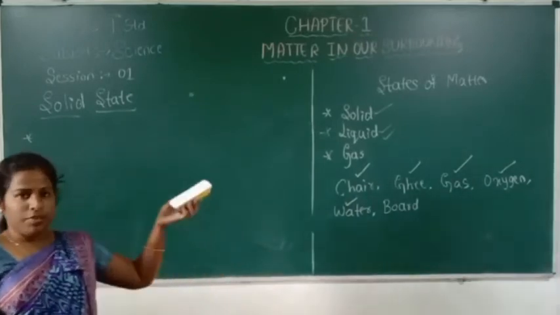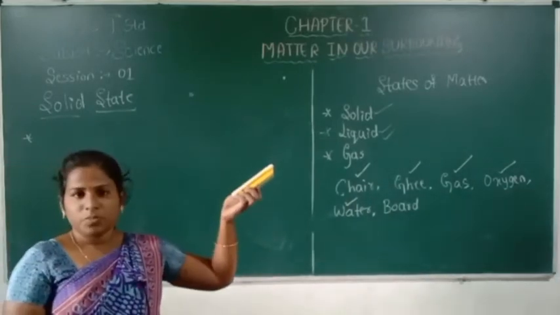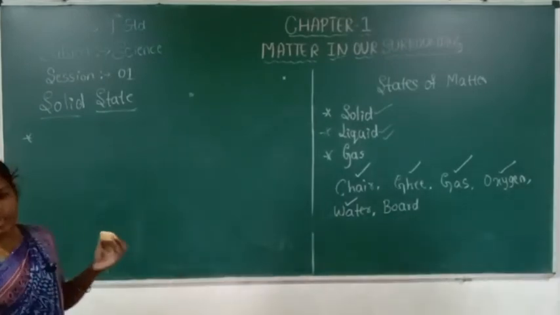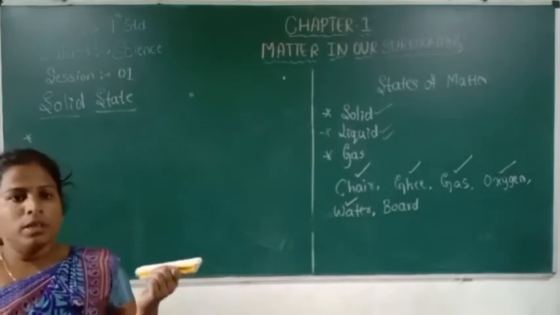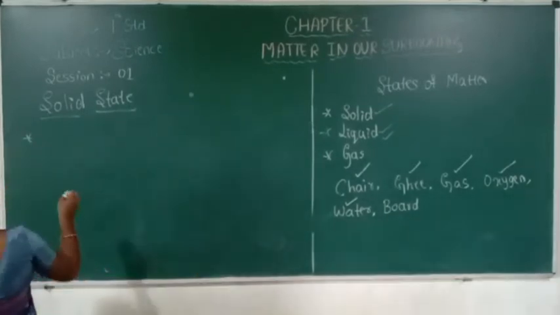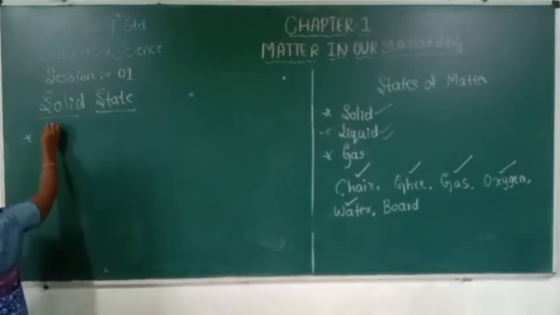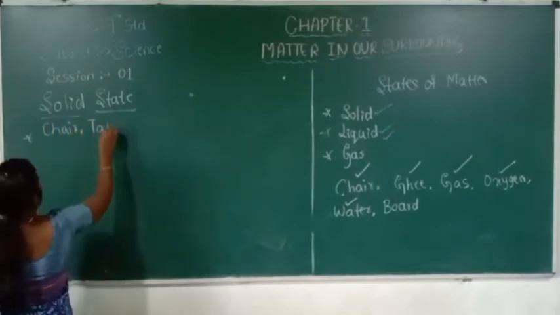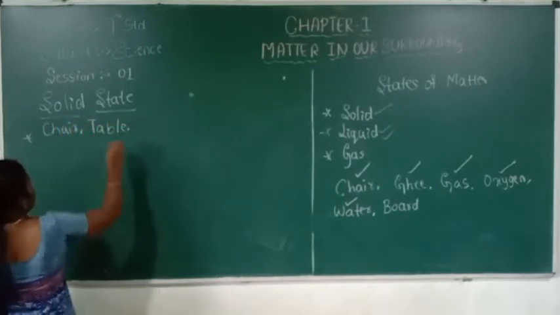So I will give you. Duster. Duster is an example for solid. And a book, tree, plants, all these are examples for solids. And chair, table, book.